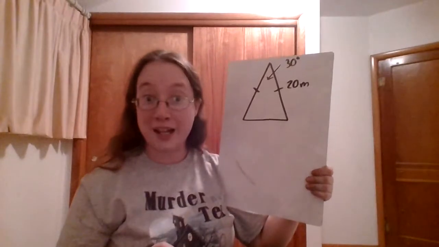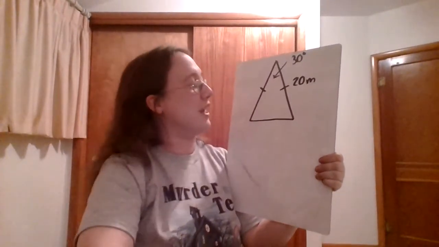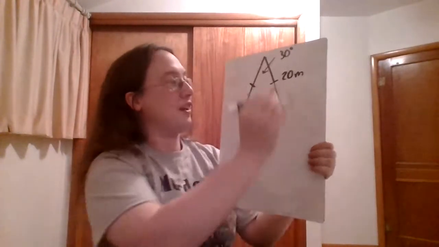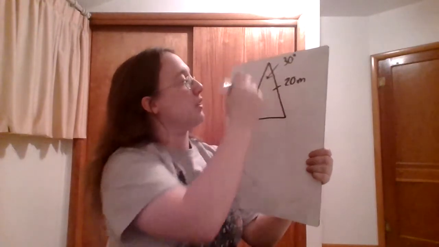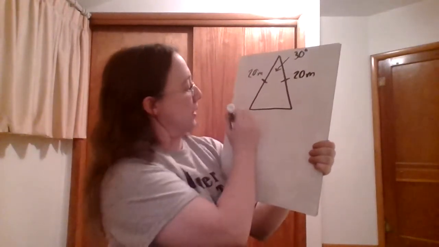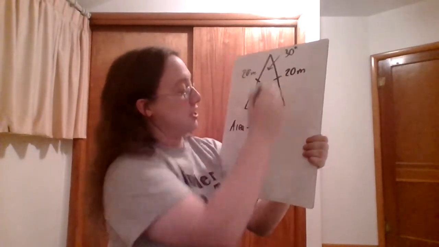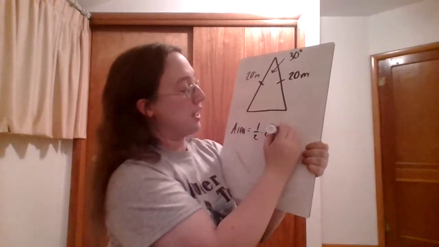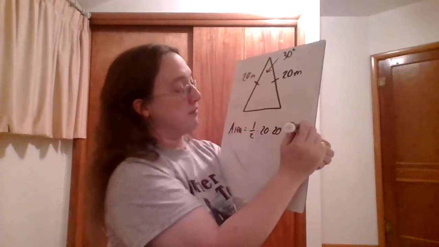Alright, one more. We got an isosceles triangle. Alright, so if we got an isosceles triangle, and we have those two sides, if that's 20, that's 20. So again, we have two sides, we have the angle between them, so we're going to take our area equals 1/2 times our 20 times our 20 times the sine of the angle between them, which was 30.